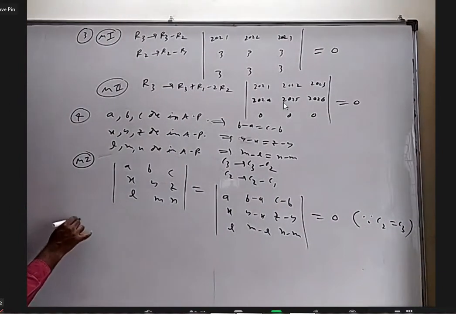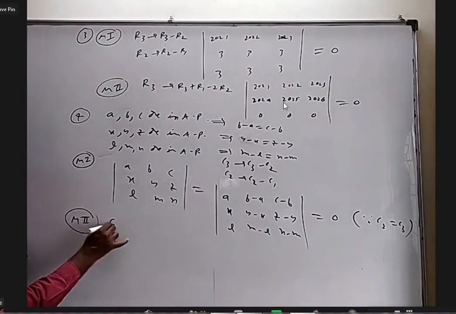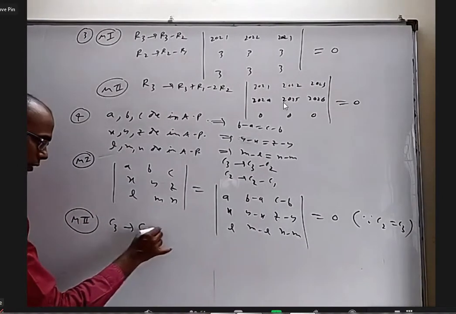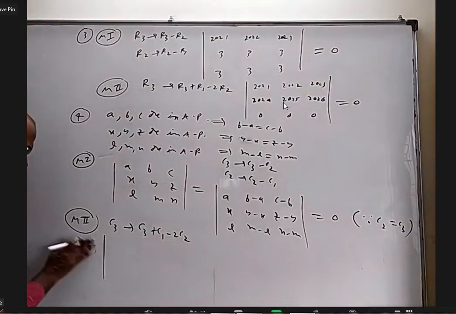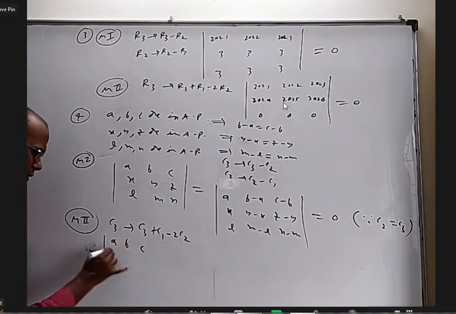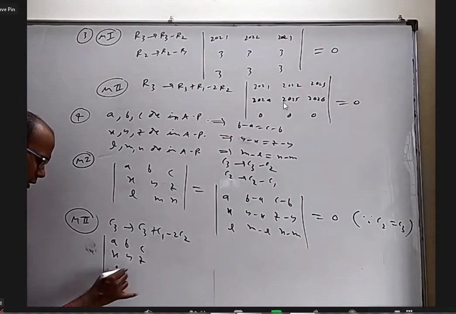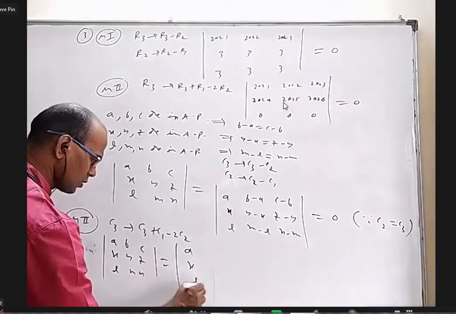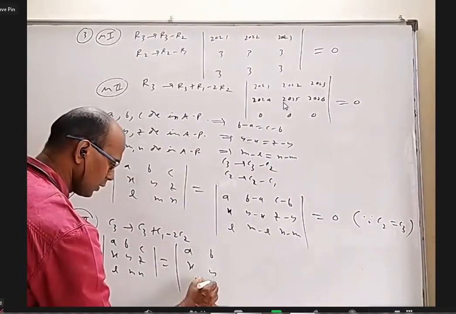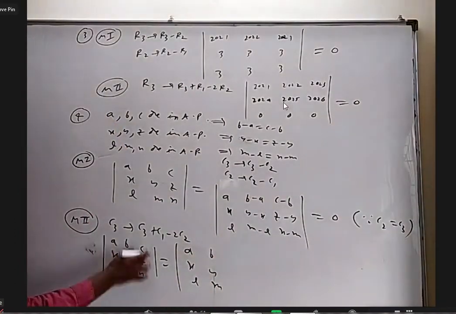Method 2, somebody can write column 3 plus column 1 minus 2 times column 2. Then what will happen to A, B, C, X, Y, Z, L, M, N? That is A, X, L, B, Y, M. I want to add column 3 and column 1 and then remove twice column 2.